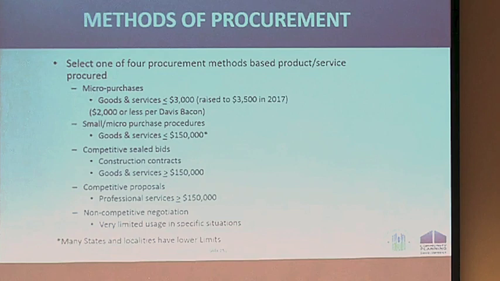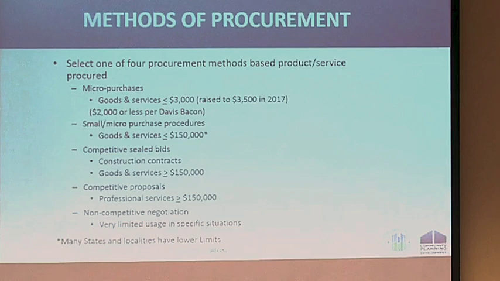So we talk about methods of procurement. This slide is kind of lengthy now because we added a section here, okay? This part wasn't there before, so I'll go through these others first because I'm going to spend a little bit of time on micro purchase. The small, actually this was just small purchase.